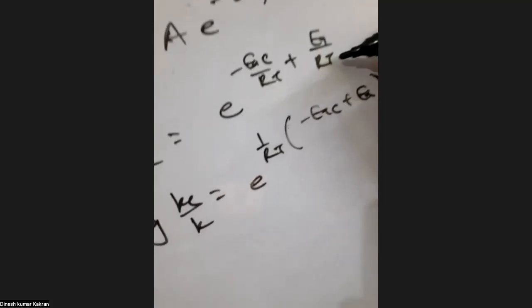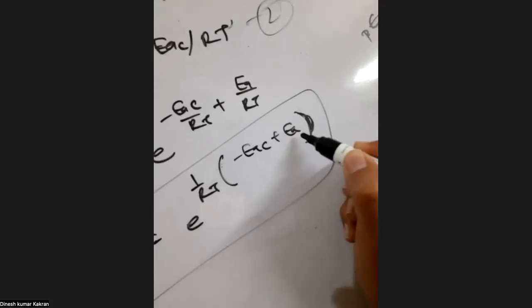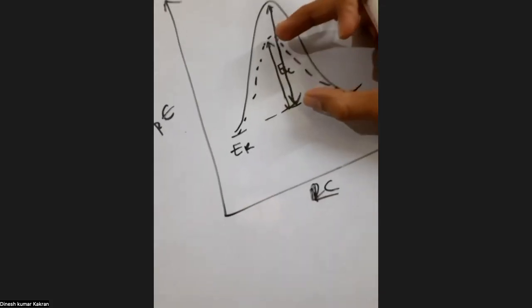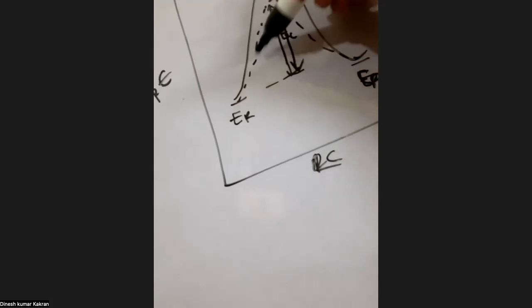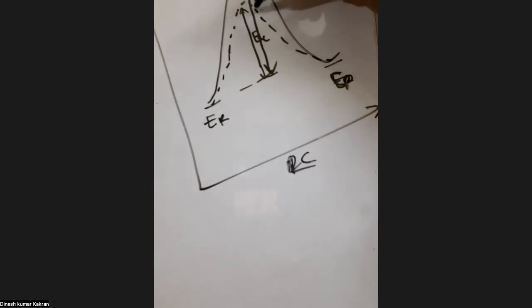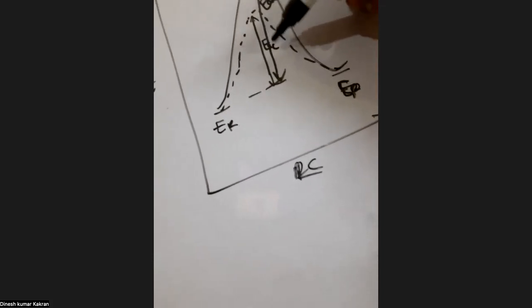When you plot potential energy versus reaction coordinate, the activation energy decreases. Earlier it was Ea, and the catalyst provides an alternative path for the reaction, so the new activation energy becomes Eac, which is shown by the dash. So this is the basic graph I've shown, sir.